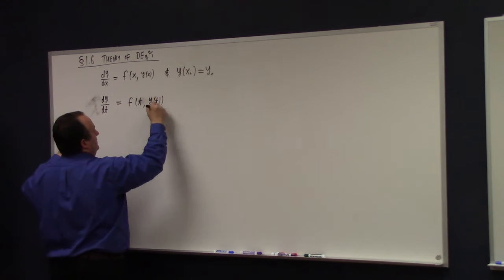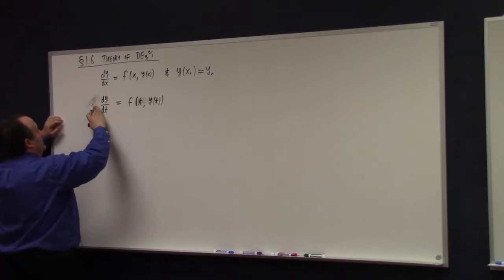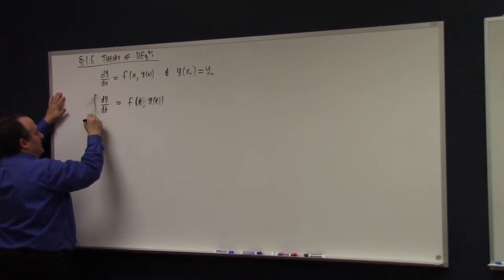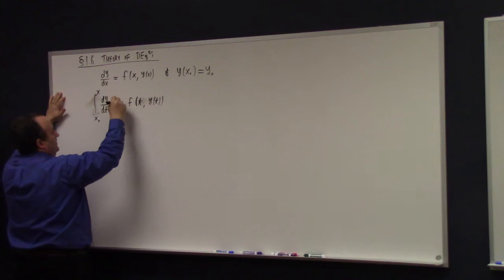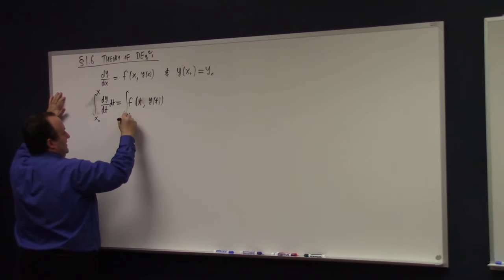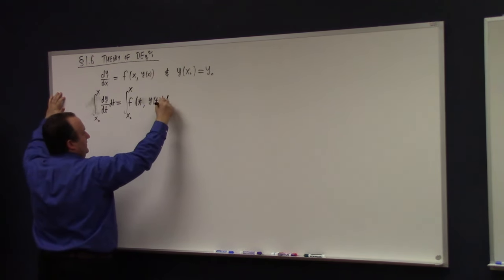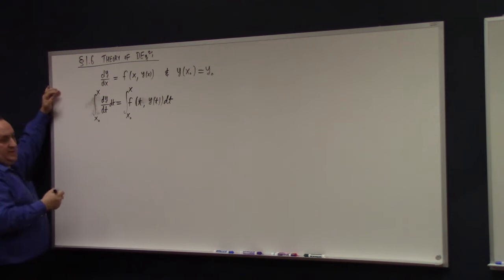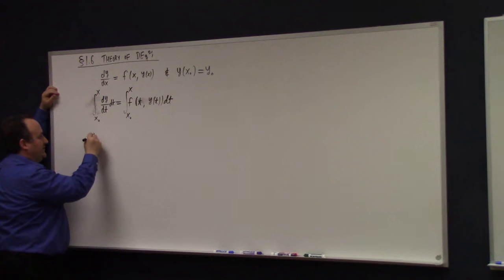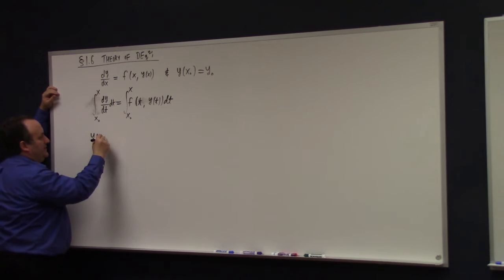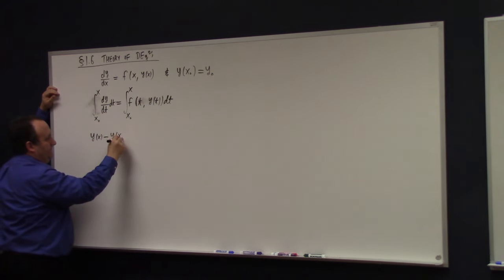I just changed from x to t. Then I'm going to integrate this from, say, x naught to x over dt. If I do that, on the one side I get y of x minus y of x naught.